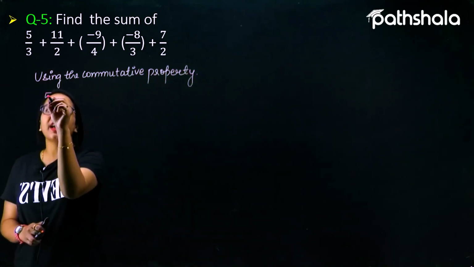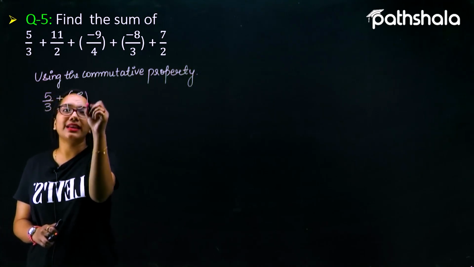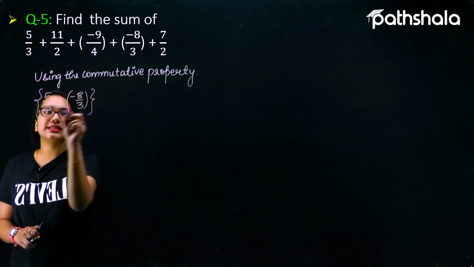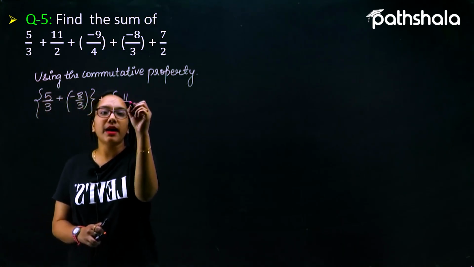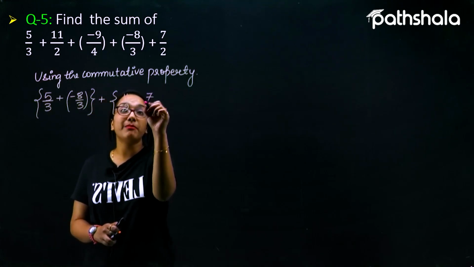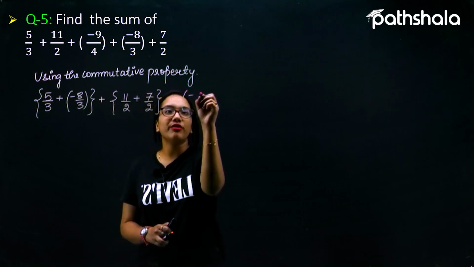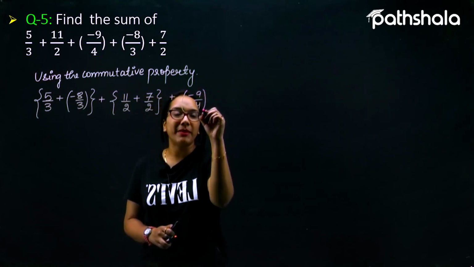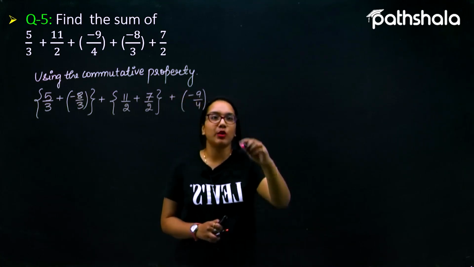We will say that 5 by 3 plus minus 8 by 3 can be written together, and in the same way 11 by 2 and 7 by 2 can be written together. Plus minus of 9 by 4 will remain single because there are only 5 fractions available over here.